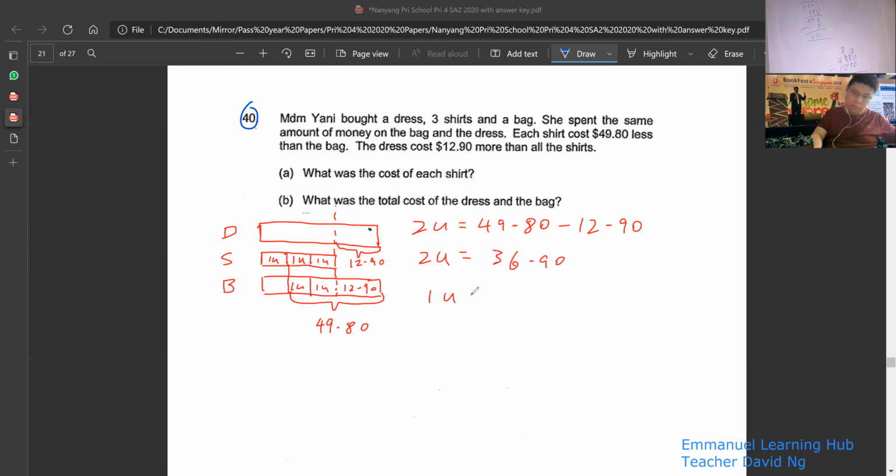So how to find 1 unit? One unit is the cost of each shirt. What must you do to find 1 unit? 1 unit divided by 2. So which one divided by 2? Which number, what divided by 2?